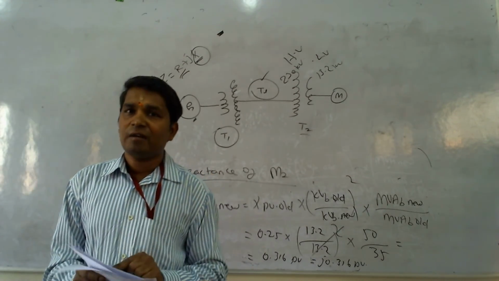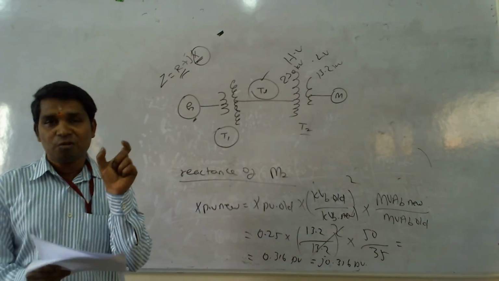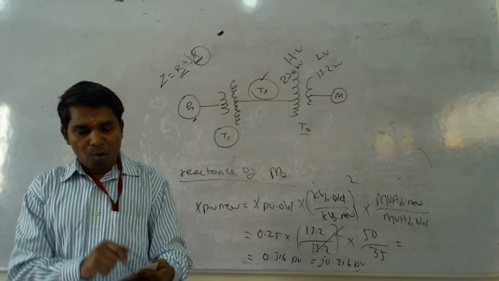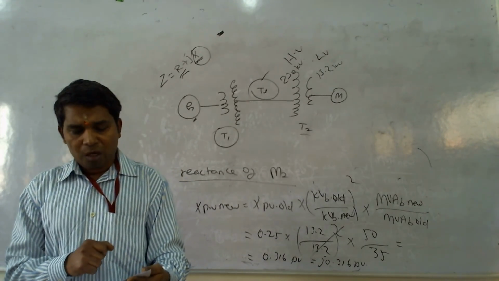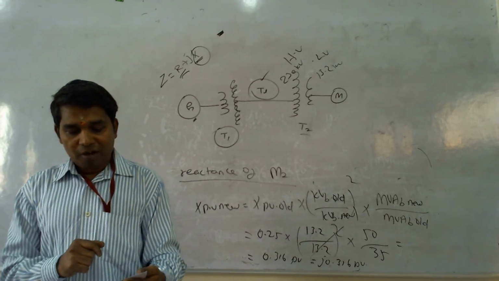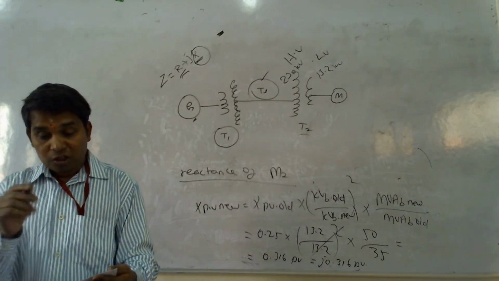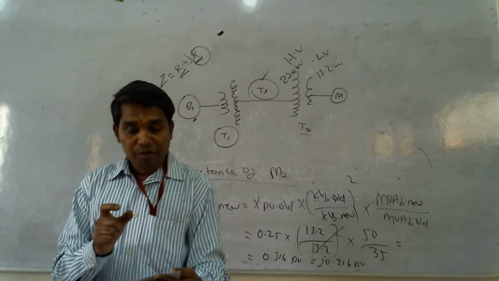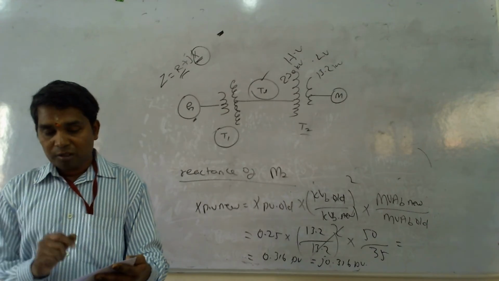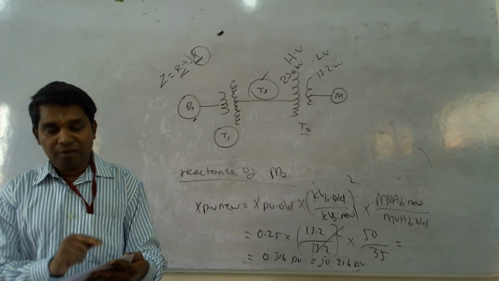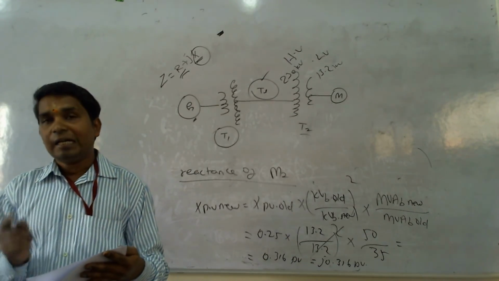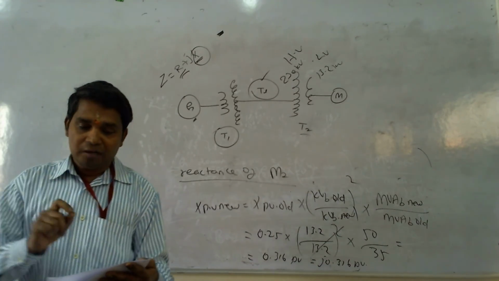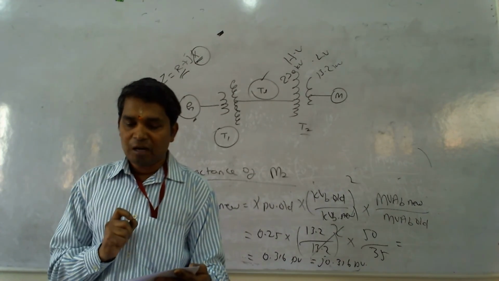Suppose this was not given, then the highest value in the system would be chosen: generator 20 megavolt ampere, motor 35 megavolt ampere, transformer 1 25 megavolt ampere, and transformer 2 45 megavolt ampere. So we would have selected the new megavolt ampere as the motor rating, 35 megavolt ampere, but here we have not taken 35 because they already gave a base of 50 megavolt ampere, right?